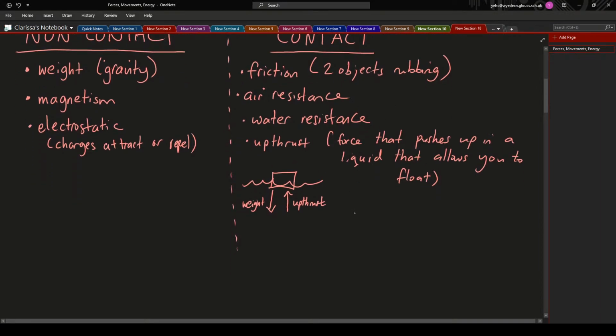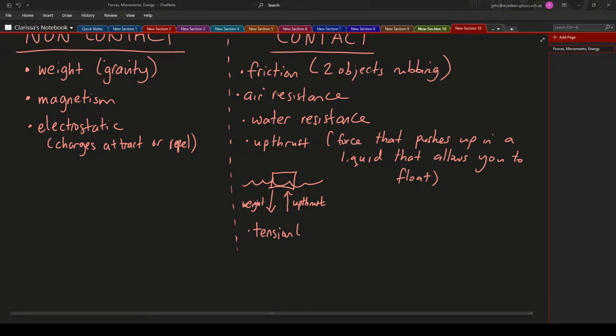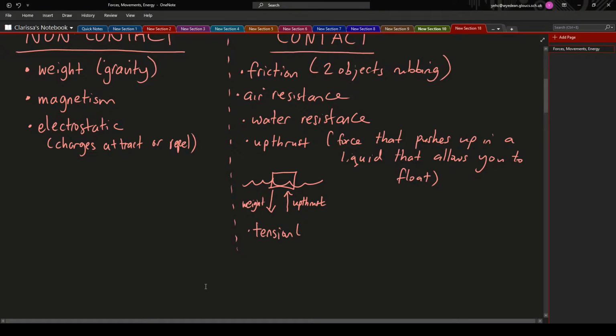We also have tension. For example, with a stretched spring, if an object is pulled or stretched, it exerts a force on whatever's pulling on it.